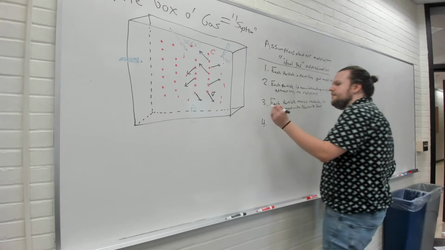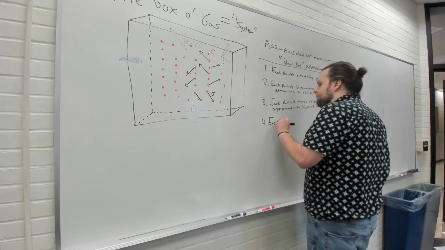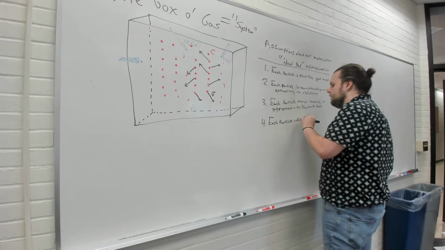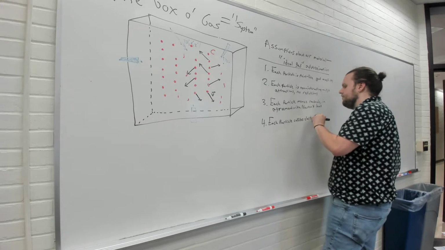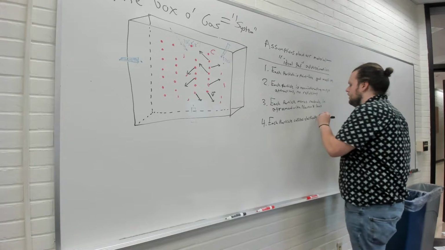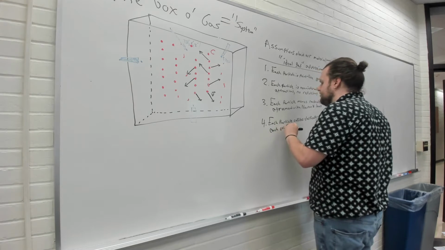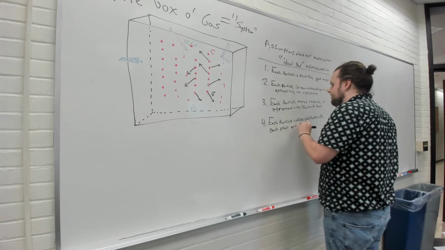And then we're going to say that each particle collides elastically. I'll explain what that means in a second. With each other and the walls. They can hit each other, but they can't exchange energy.